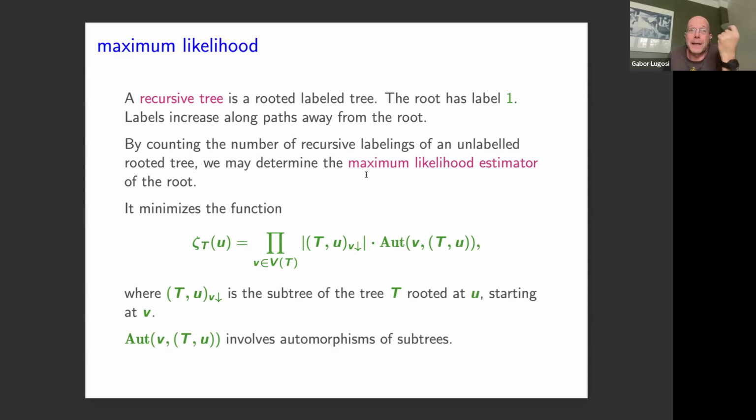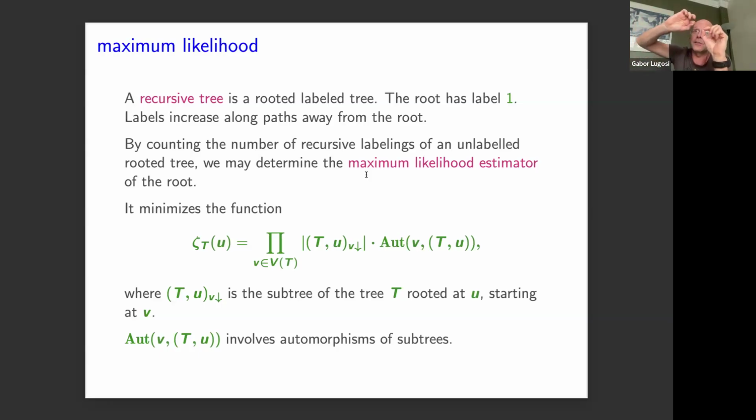And so what's the maximum likelihood estimator? For every vertex of the tree, we can imagine that that vertex is vertex number 1. Now we can count how many different ways this tree could have been produced, meaning how many different so-called recursive labelings of this tree there are.